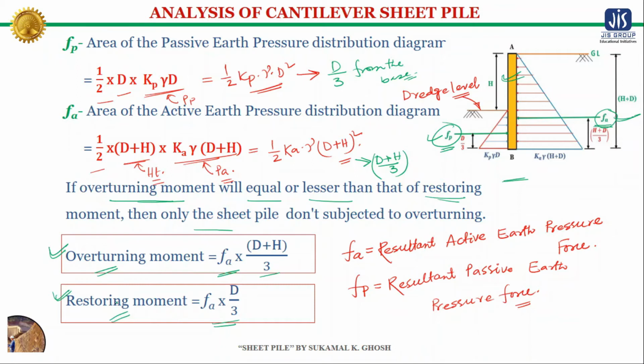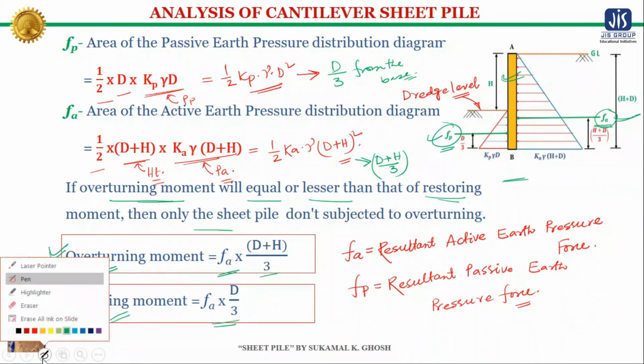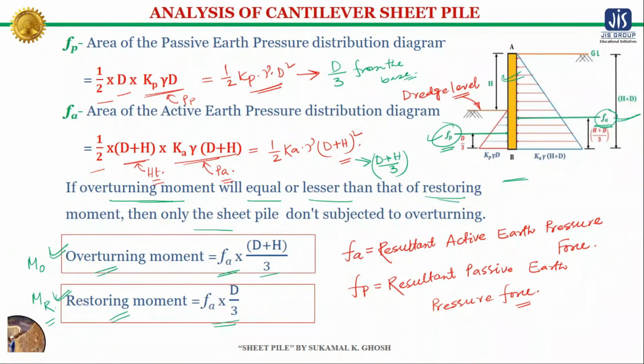Okay, so let me consider this moment is Mo and this moment is Mr. Okay, so what I actually mean is, if we need the stability of the sheet pile, then this Mo has to be less than or equal to the Mr.